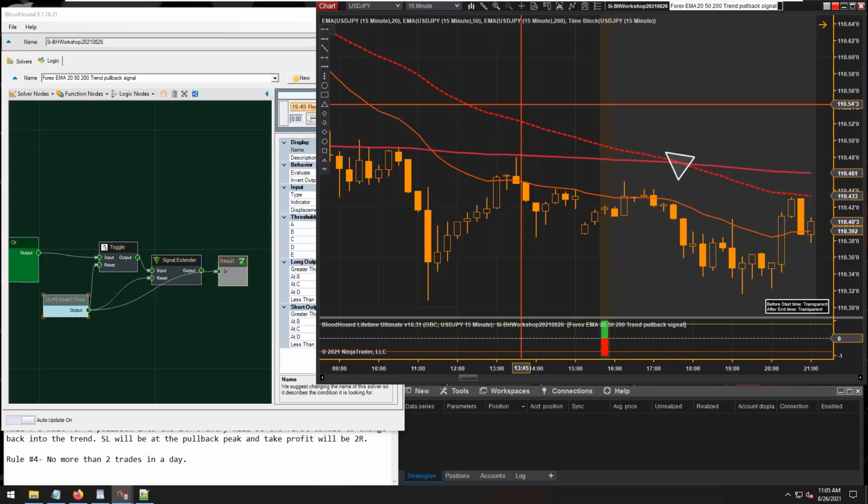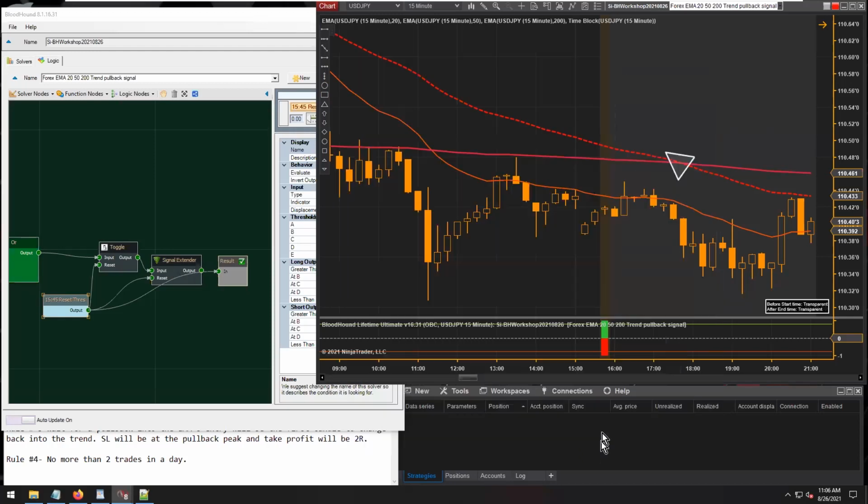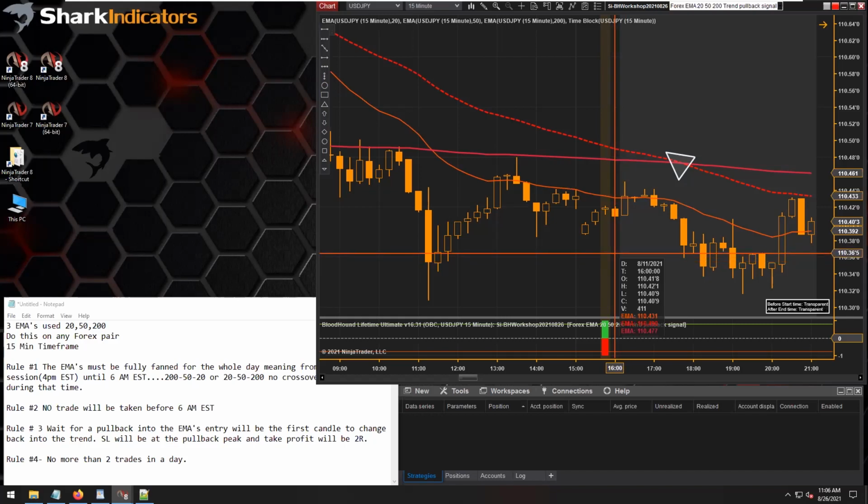I think I need to make an adjustment here to my time block indicator. For visual reference, I'm going to make an adjustment here. My start time is actually 15 minutes afterwards. And there we go. It's just to help me out here. Again, this bar closed at 1600.